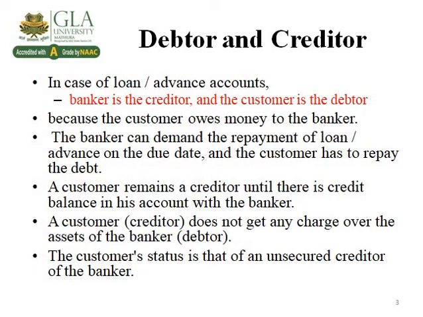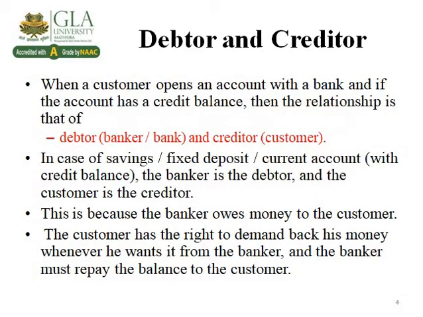Now, on the second part: when a customer opens an account with the bank, and if the account has a credit balance, then the relationship is that the bank is always the debtor and the customer is always the creditor. Why is it so?